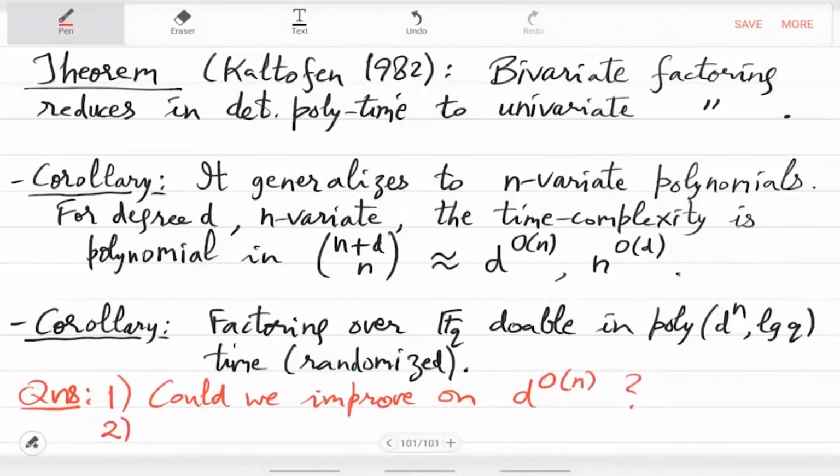And second would be factoring over rationals. So can you improve on d raised to n, or is this necessary? Is this a lower bound? And the second question is about other fields.